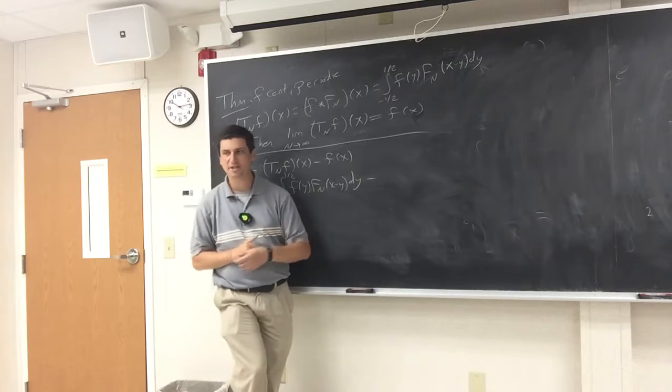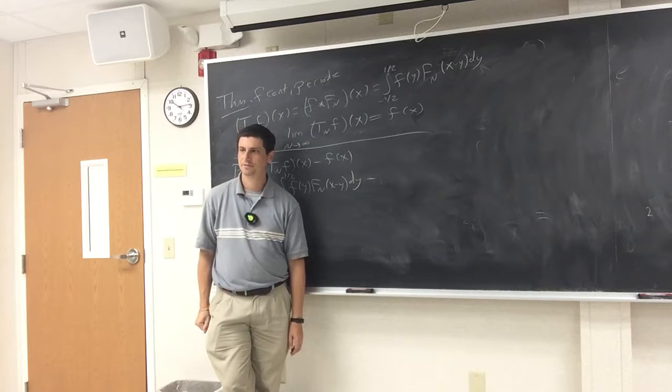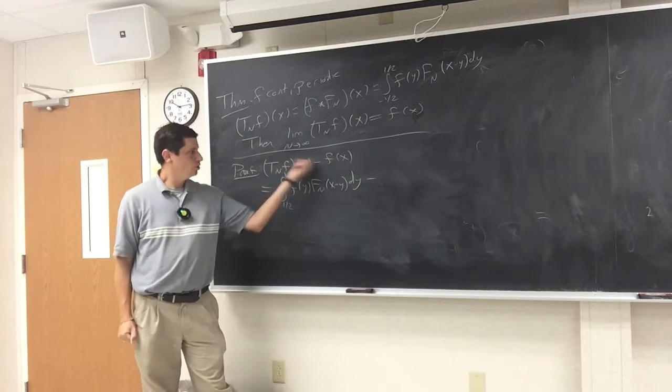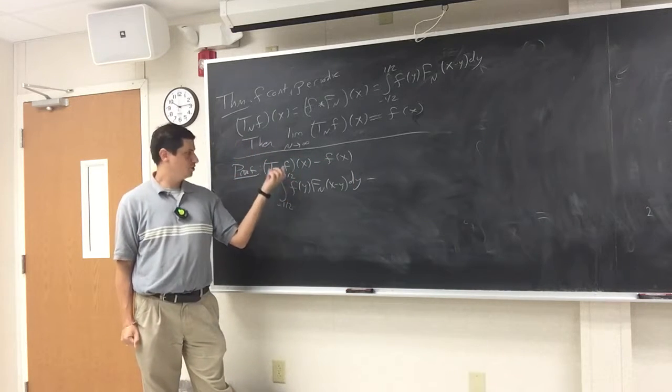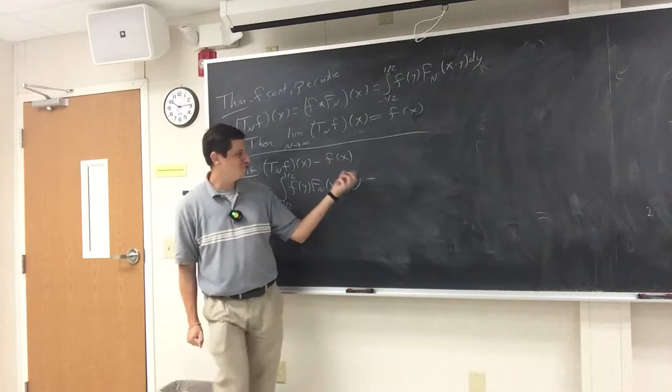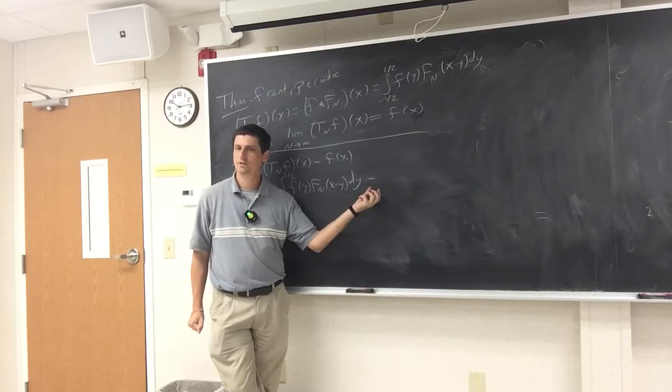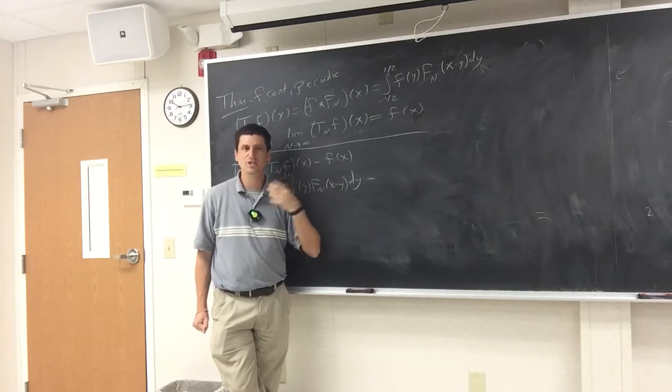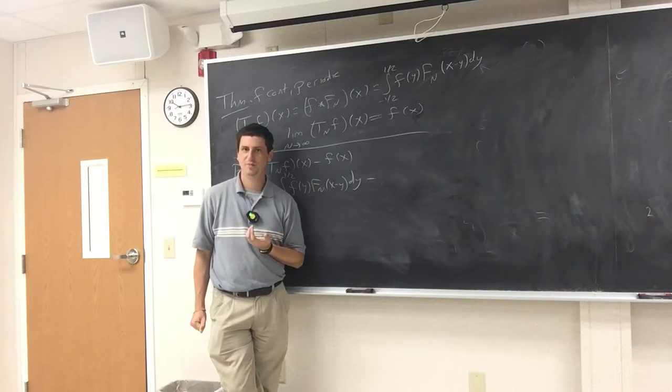How do I want to write minus f of x? I want to somehow look at this difference. So this first one is an integral of f of y Fn of x minus y, and then I'm subtracting just f of x. So what are the two things I love to do in a math class?